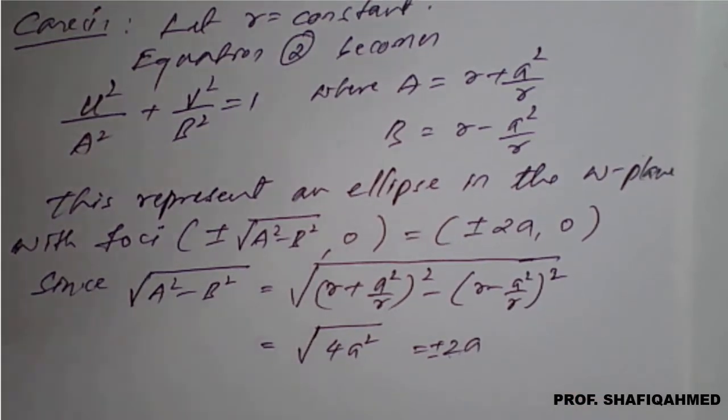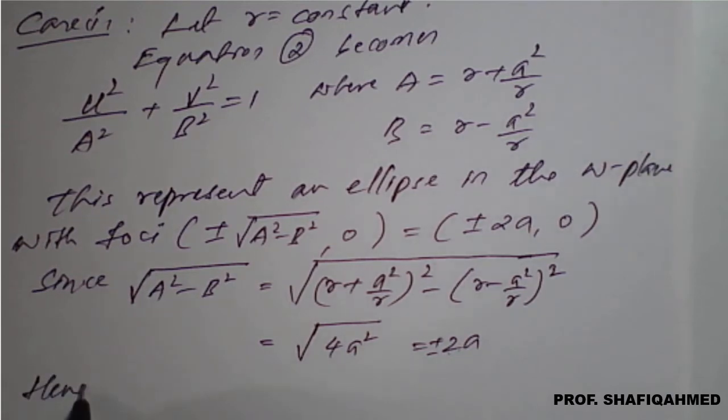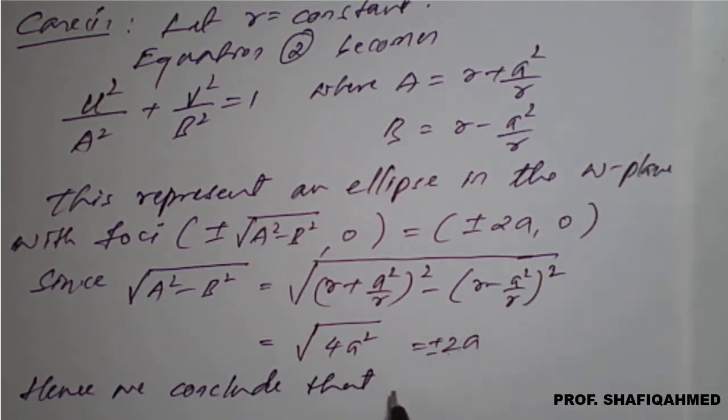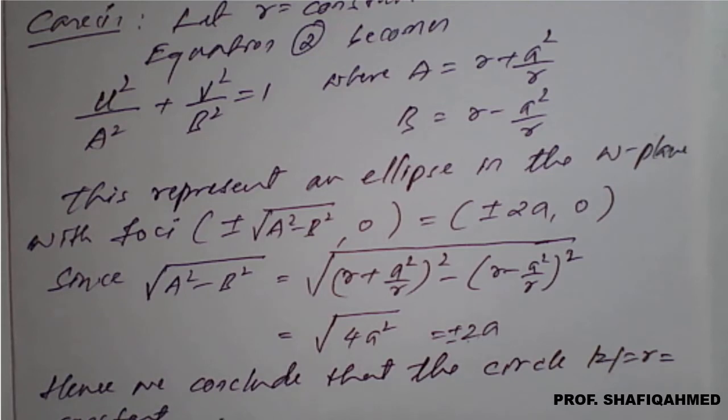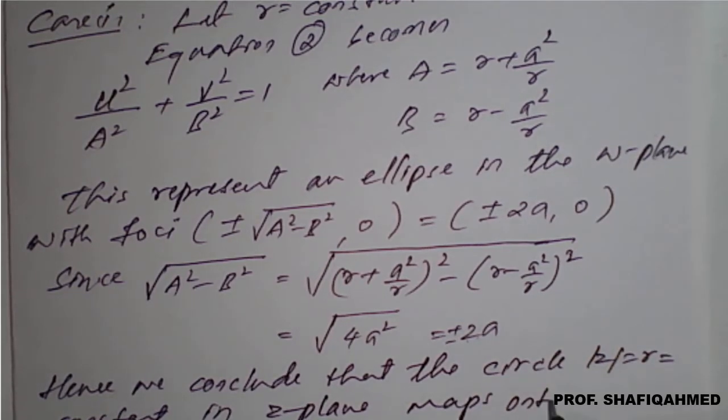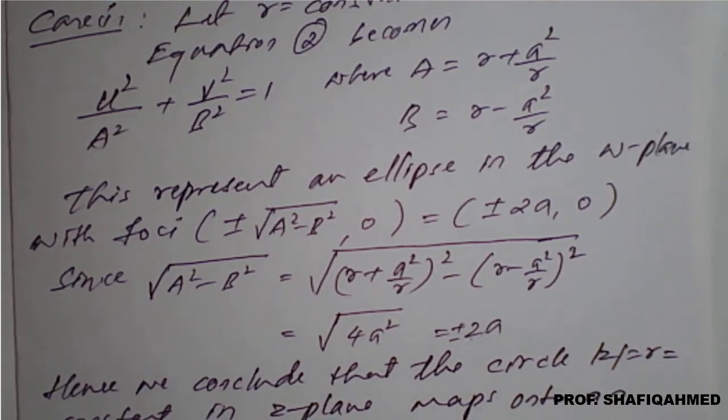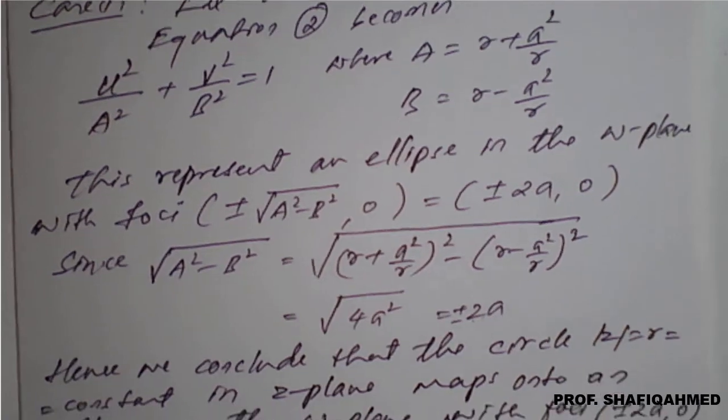So hence we conclude that the circle mod z is equal to r, which is nothing but a constant, in the z plane, maps onto an ellipse in the omega plane with foci plus or minus 2a comma 0.